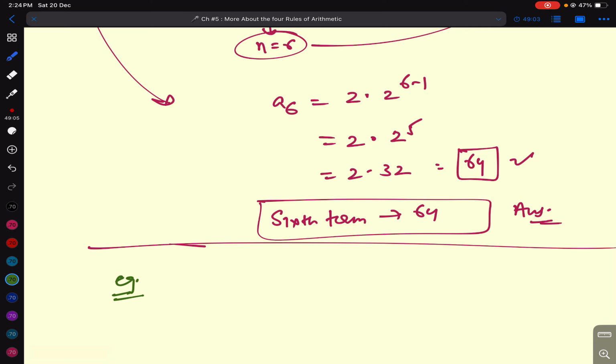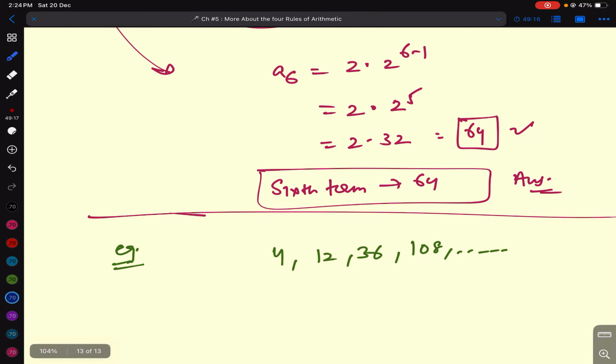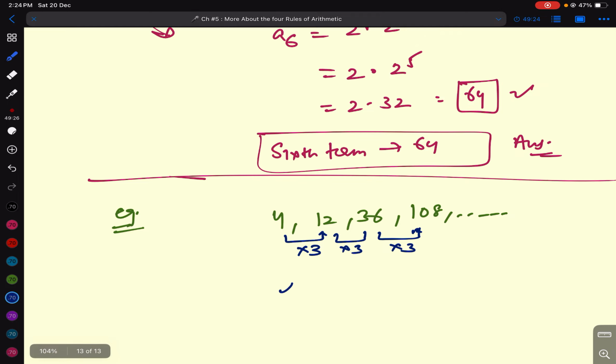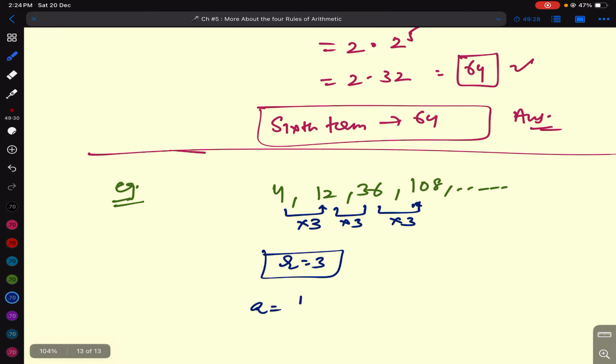Final example we'll be taking is, let's say you have a sequence as 4, 12, 36 and 108 like this. Okay, so if you have to traverse, this is multiplied with 3, this is again 3, this is again 3, right? So what is r here? R is 3. What is a, which is your first term in this case?